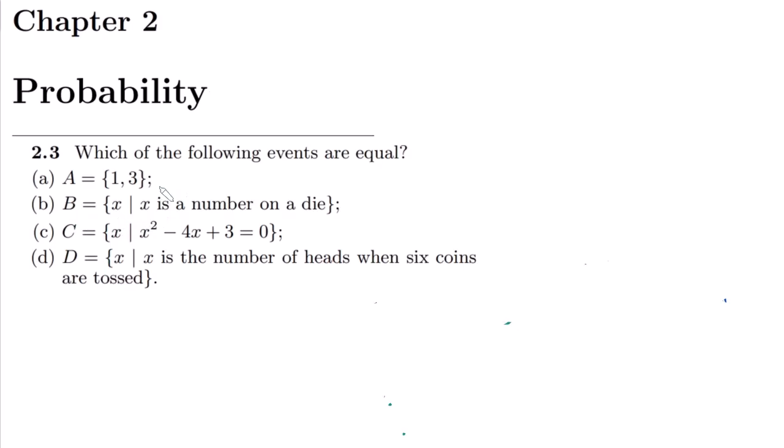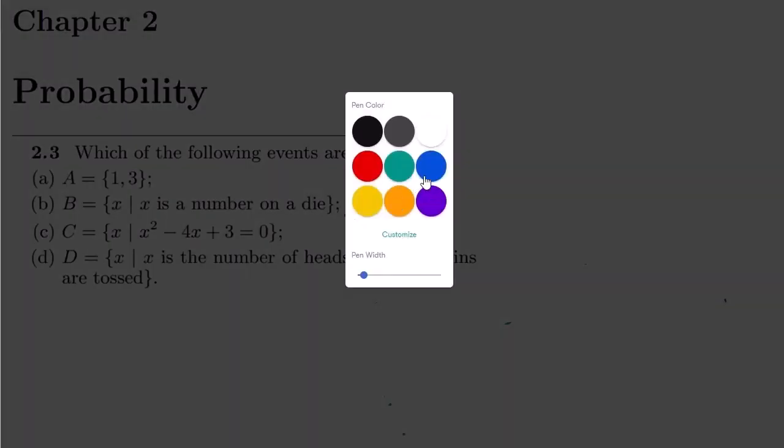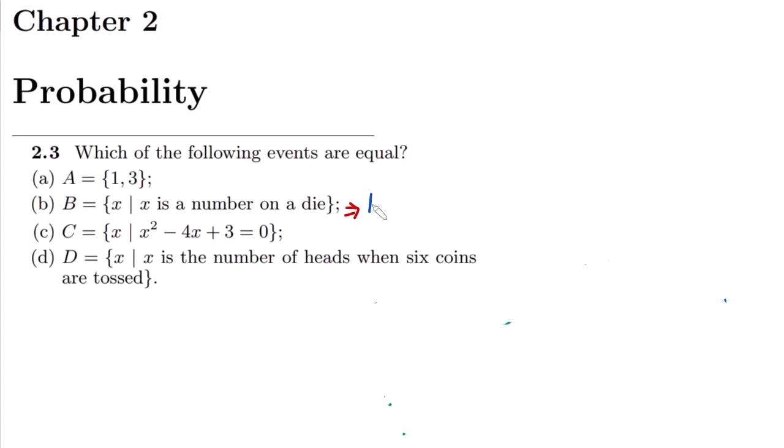So in order to compare them easily, what do I have to do? I have to write them in the explicit manner. Starting with part B, B is equal to x such that x is a number on a die. So on a die we have how many numbers?